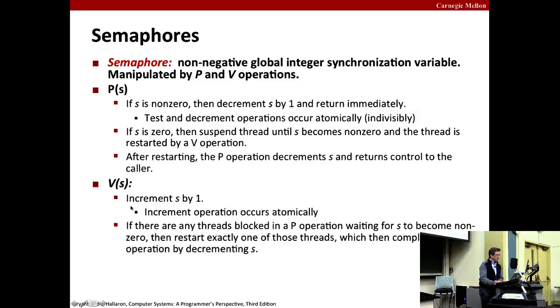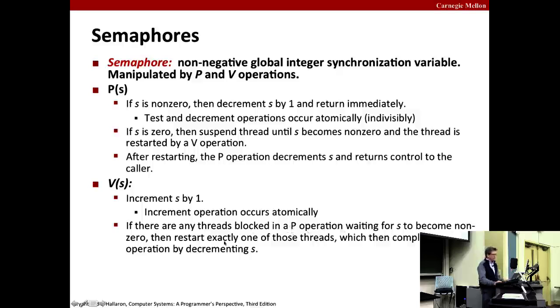The V operation just increments S by 1. And this increment, unlike that count plus plus that we just looked at, occurs atomically, so it can never be interrupted. Then after it increments S, it checks to see if there are any threads blocked in a P operation. You can think of the kernel as keeping a queue of threads that are blocked in a P operation. After V increments S, it checks that queue for any threads that were blocked because when they did the P operation, the semaphore was 0.